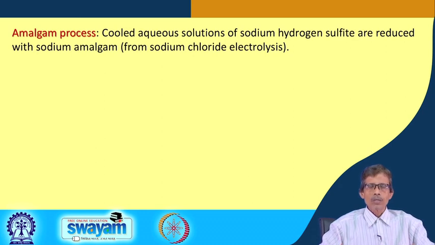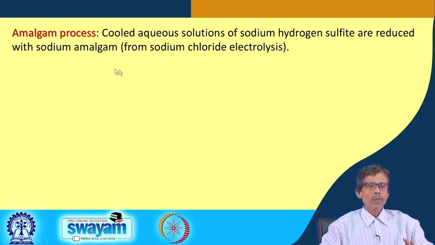And the third process is the sodium amalgam process. That means you are using a reduction reaction in presence of sodium metal dissolved in mercury. So, cooled aqueous solutions of sodium hydrogen sulfite, that means your sodium bisulfite, is reduced by sodium amalgam.